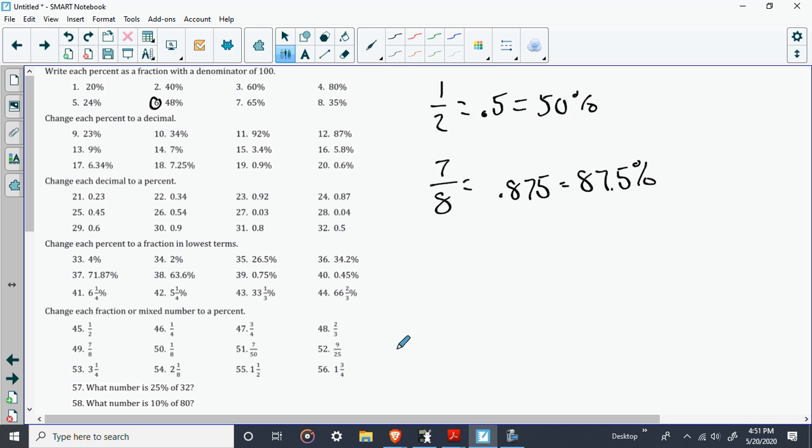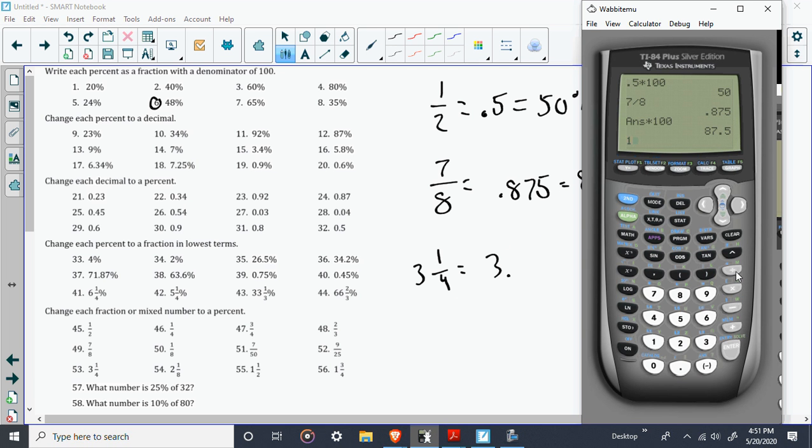I'll go over one of these with mixed numbers, 3 1/4. Okay, 3 1/4. Well, let's start off by saying this. We know that 3 is here. Okay, that's done. That is the number in front of the decimal point. That's 3 in the 1s spot. Okay. Now, 1 divided by 4 is 0.25. Okay. So keep that whole number up here in front.